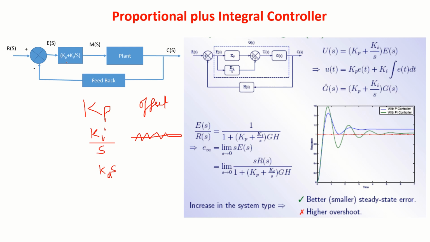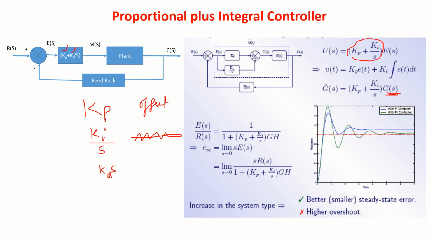So now let us introduce the proportional controller Kp and integral controller with the plant. So this becomes your controller transfer function. Okay, all right. So this is Kp plus Ki by S multiplied by the plant transfer function.